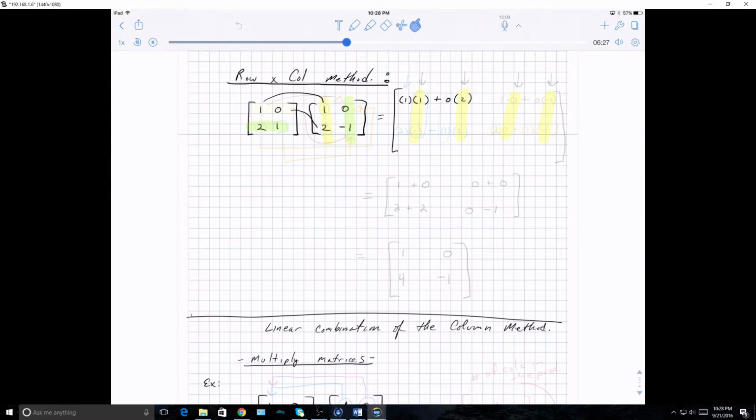So now we go over to the 0 here, and we go 0 times 0, and then we add it to 0 times -1.